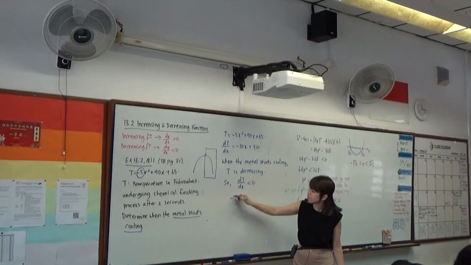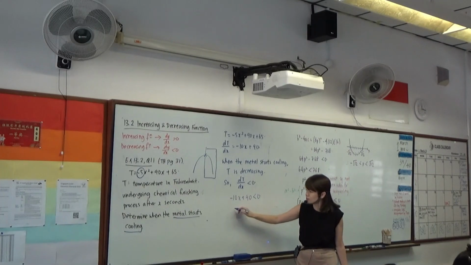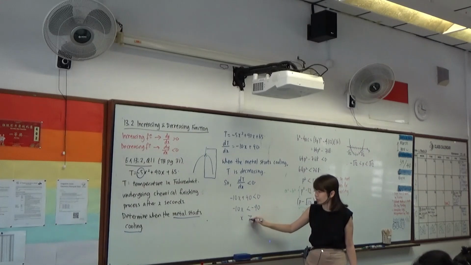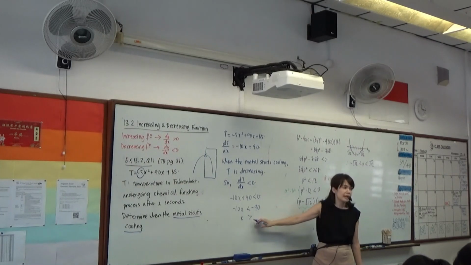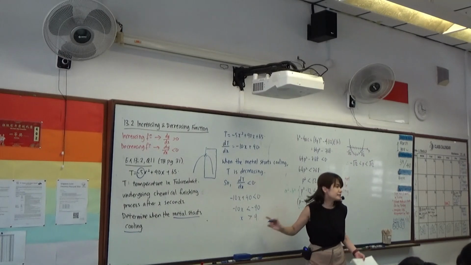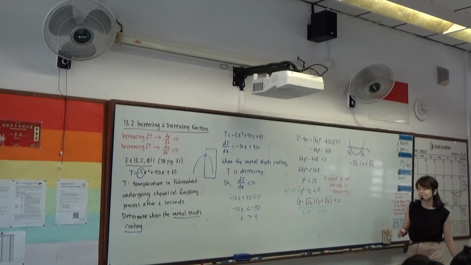Therefore negative 10x plus 90 has to be less than 0. Dividing both sides by negative 10, the inequality flips, we get positive 9. So x is more than 9. The metal starts cooling after 9 seconds.